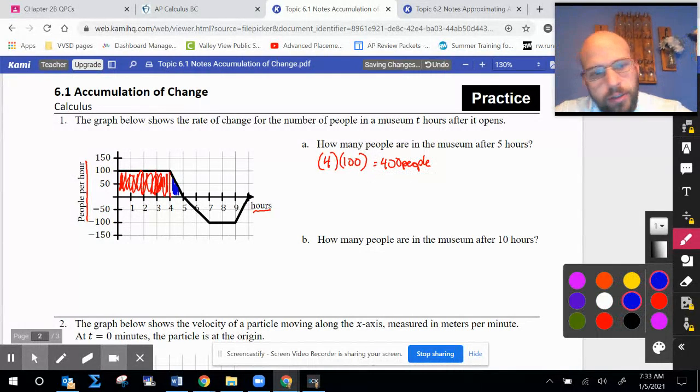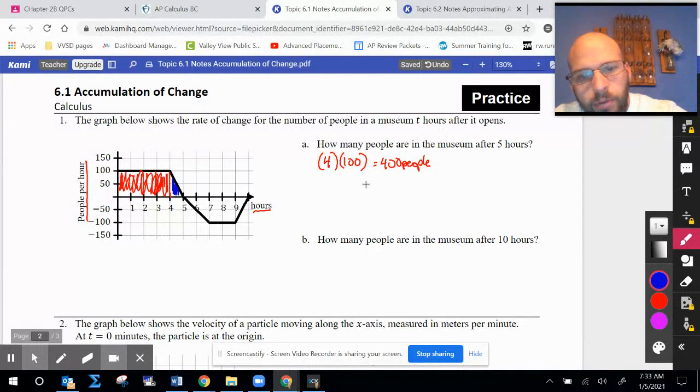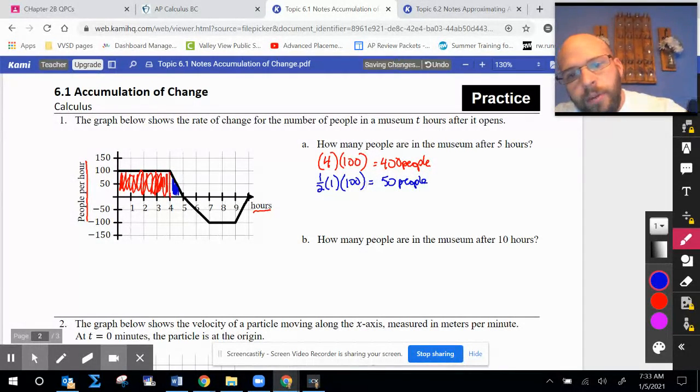And then you have this little sliver of a triangle, which is 1/2, the base is 1, the height is 100, which gives me 50 people. So if I total that all up, after 5 hours, I have 450 people in the museum.